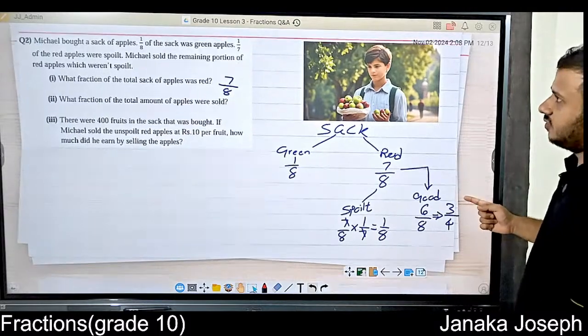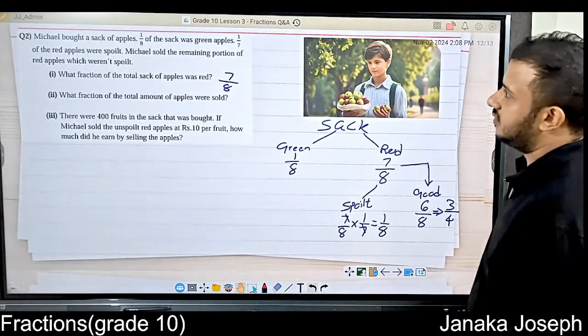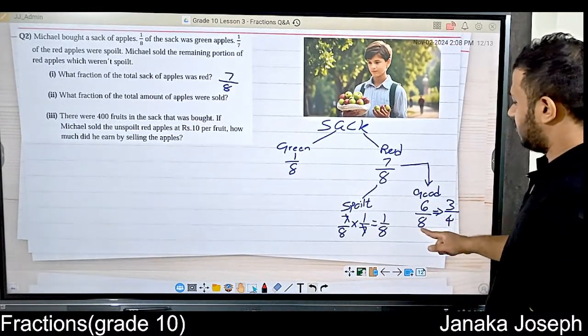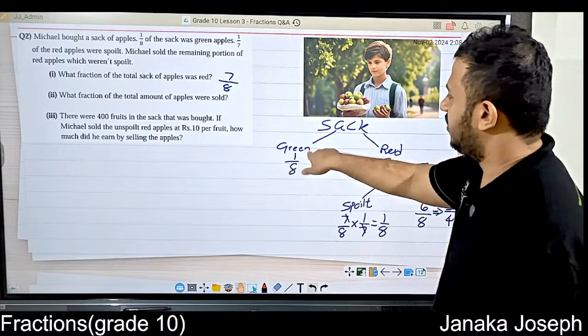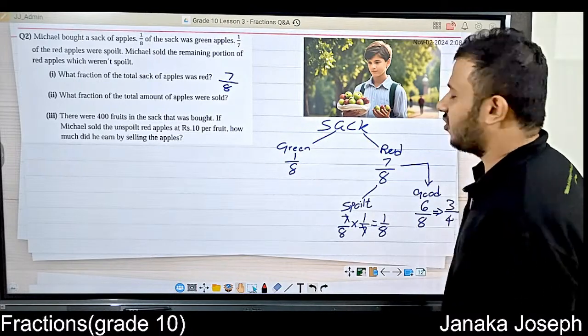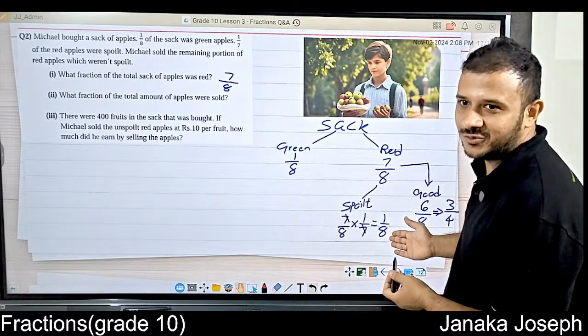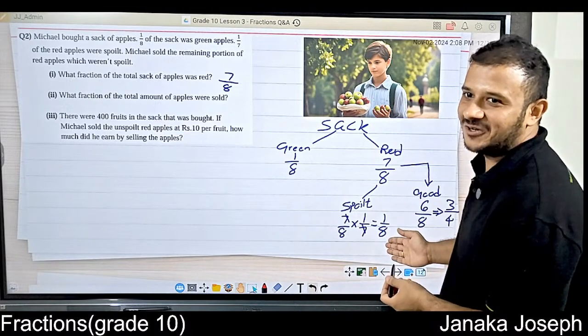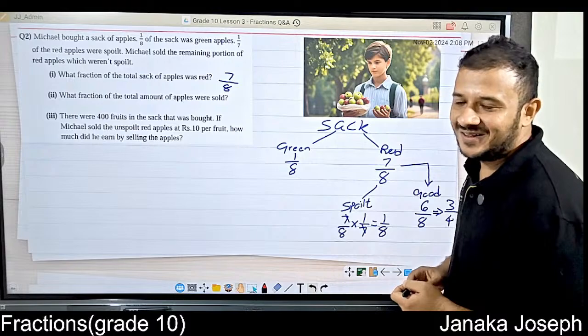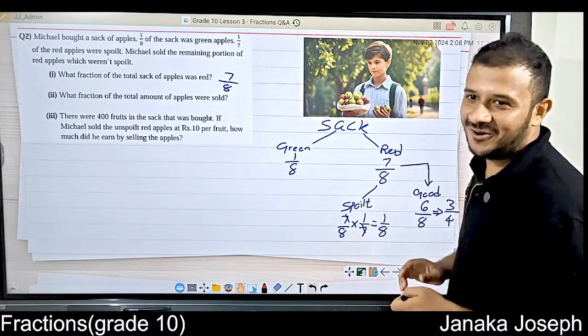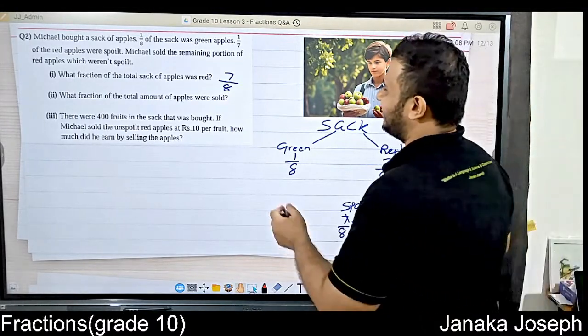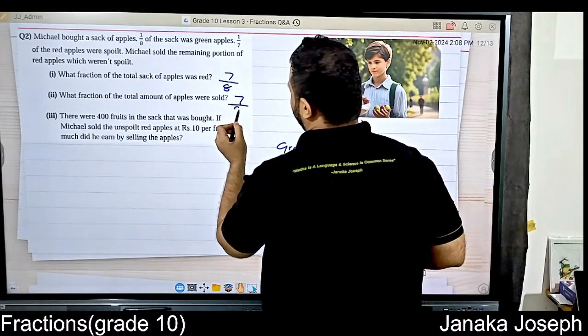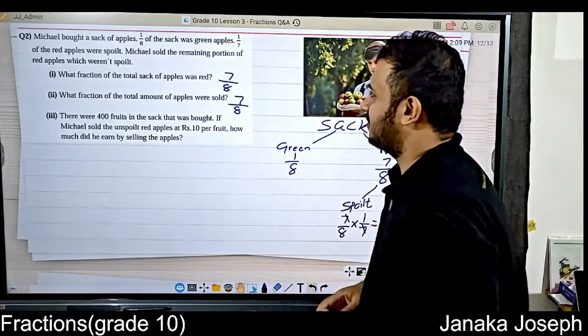We know green was sold. So 6 out of 8 is sold, and 1 out of 8, that means 7 out of 8, or in other words, the spoiled was not sold. 7 out of 8 is not sold.